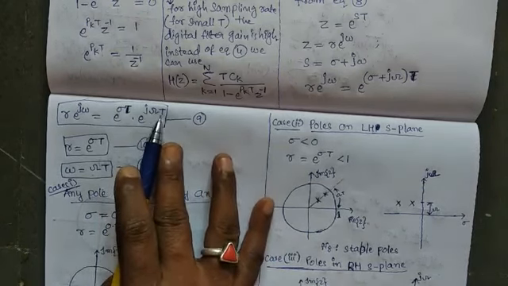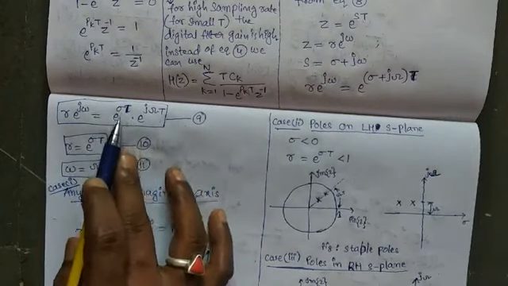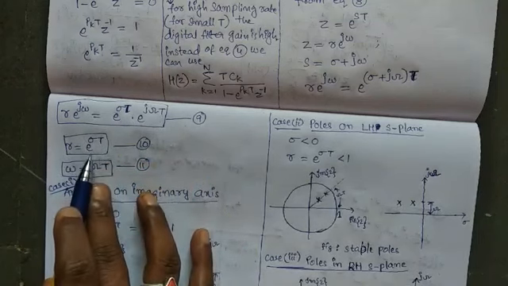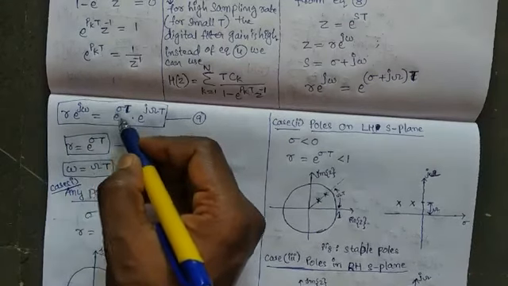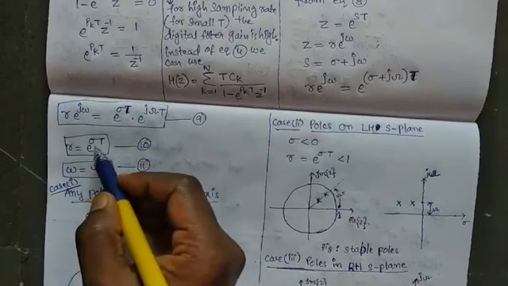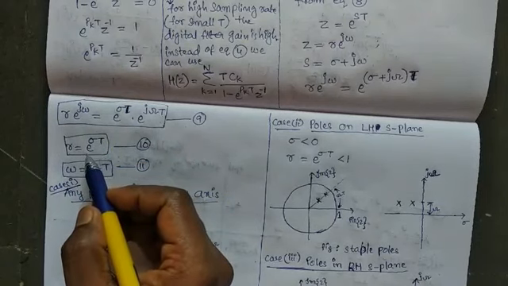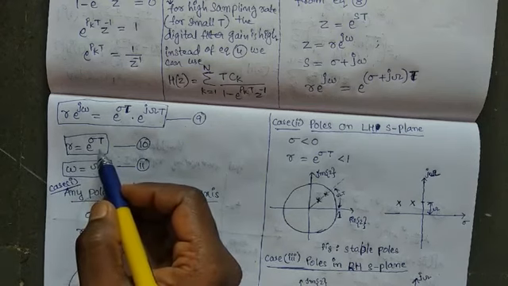Here, this is the real part of the analog pole. This real part is what? Sigma. Sigma is the real part, and it determines the radius of the Z-plane poles.